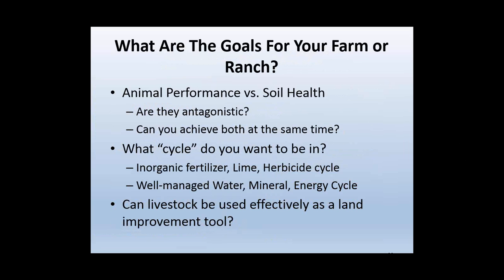Or do you want to be in a cycle that allows you to have a well-managed water, mineral, and energy cycle on your farm or ranch? And then we need to ask the question, can our livestock be used as an effective land improvement tool?